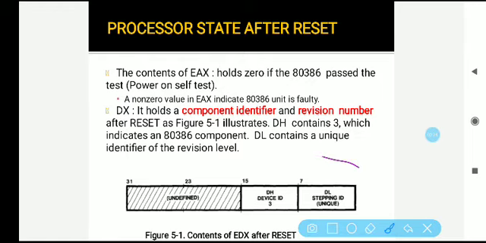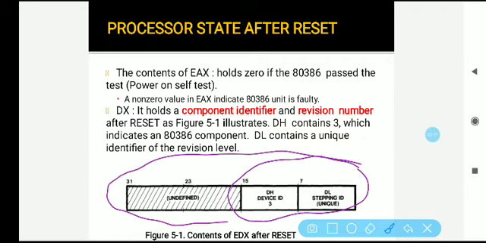As shown in this diagram, this is the part for the DX, and the complete register is called EDX. So DX contains two components. First is the component identifier, and second is the revision number.